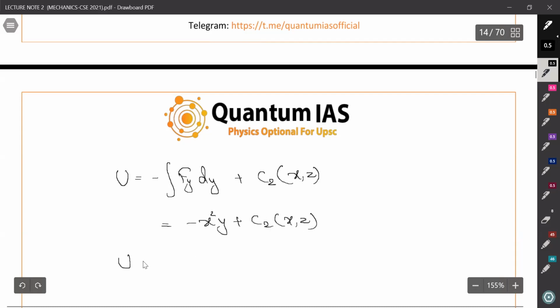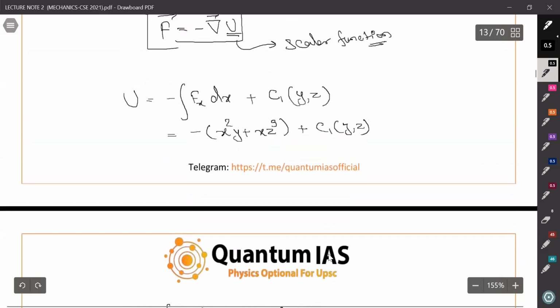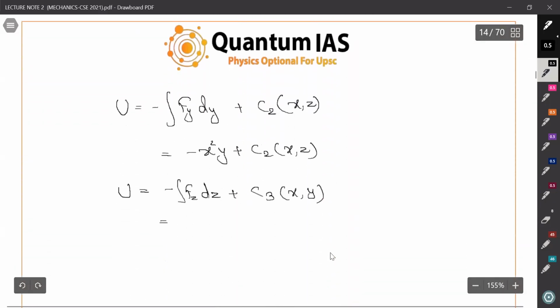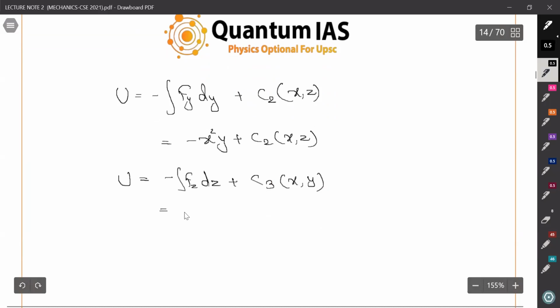Similarly, we will do this with z also. Here z will be treated as variable and the constant will be in terms of x and y. So 3xz², we need to integrate with respect to z. It will become xz³ plus c3(x,y).